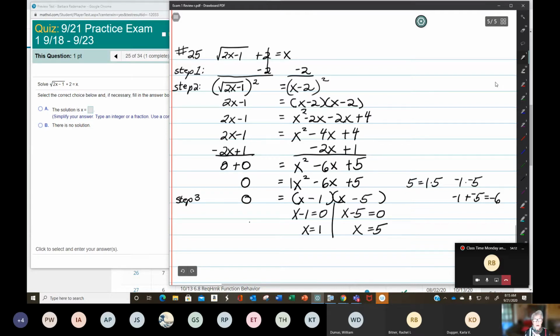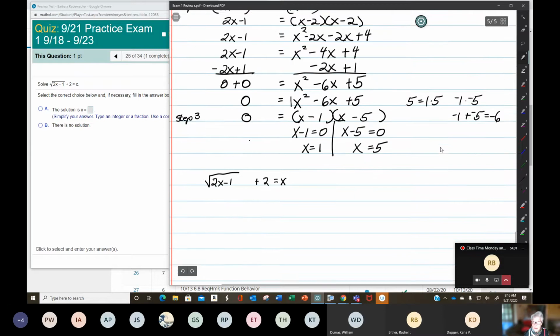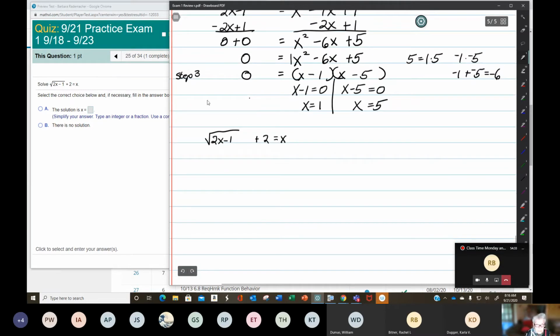So you have to actually go back and check your answers. Okay, so we are going to check x equals 1, and then we're going to check x equals 5.